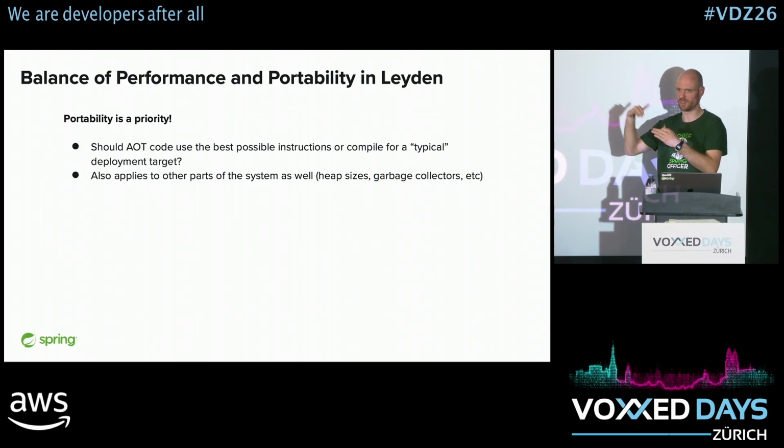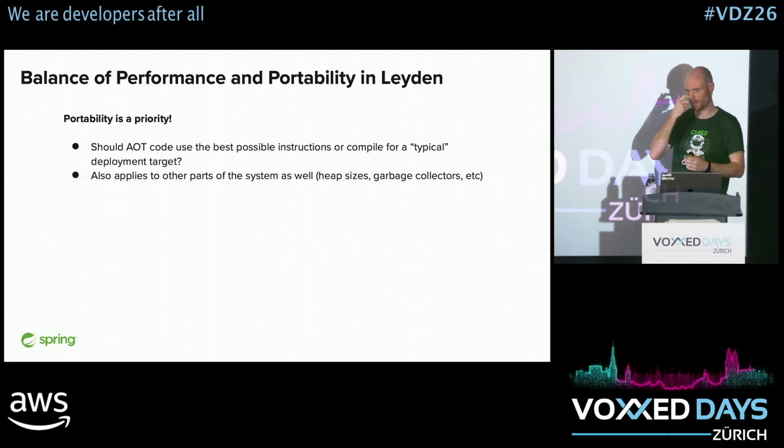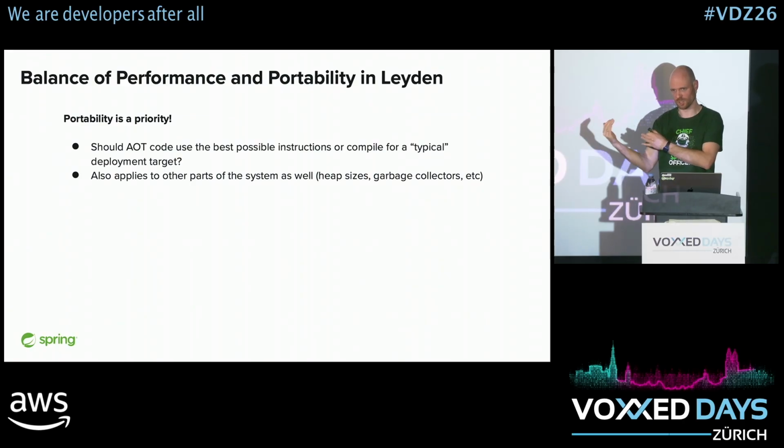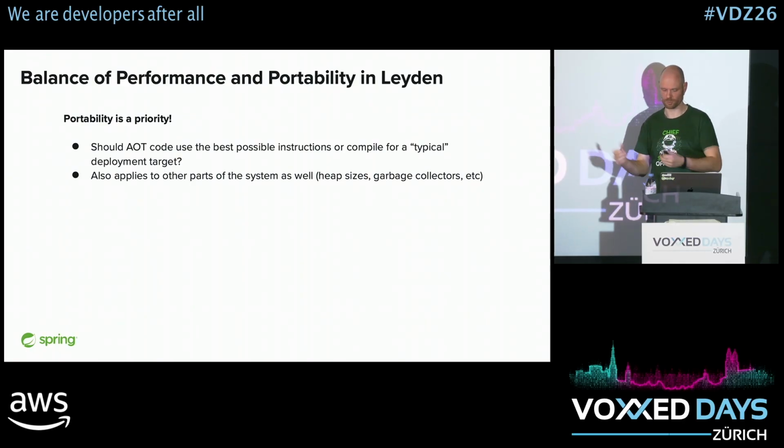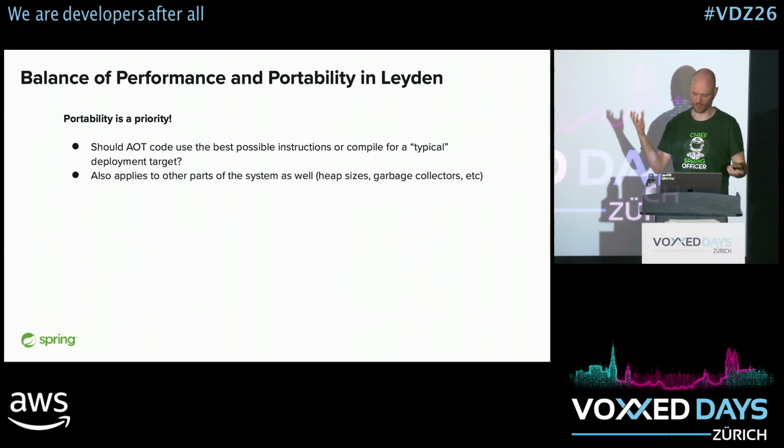So if you then switch the GC at production time, for example to G1, the machine code doesn't match the GC anymore, and then you have to throw it away. So it's a very interesting research topic.